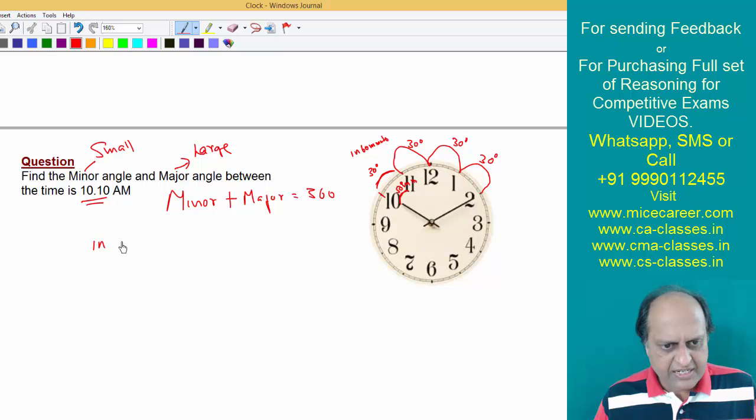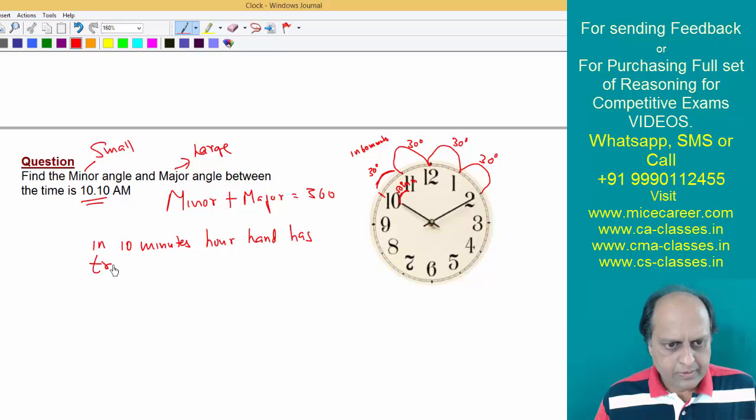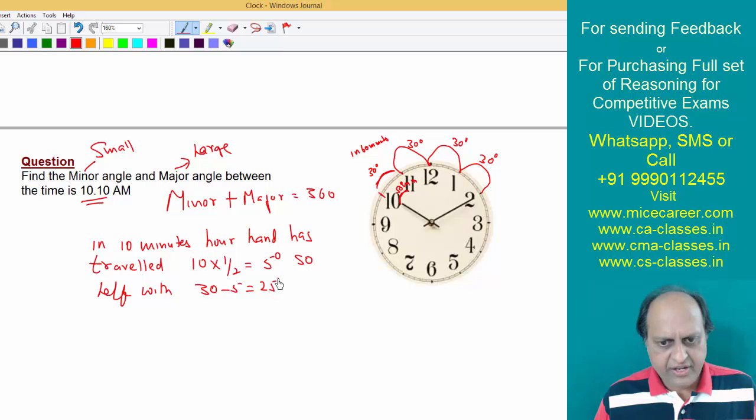First, in 10 minutes the hour hand has traveled 10 into half, 5 degrees. So we are left with 30 minus 5, 25 degrees.